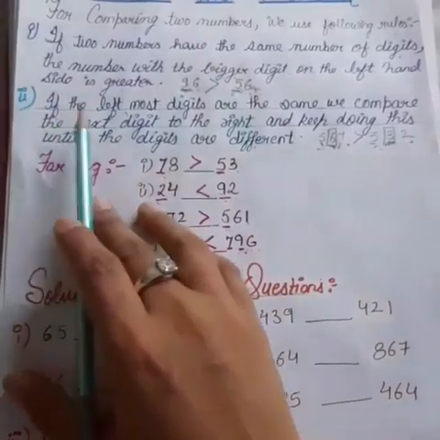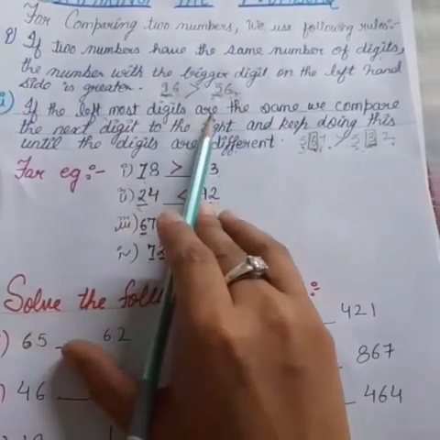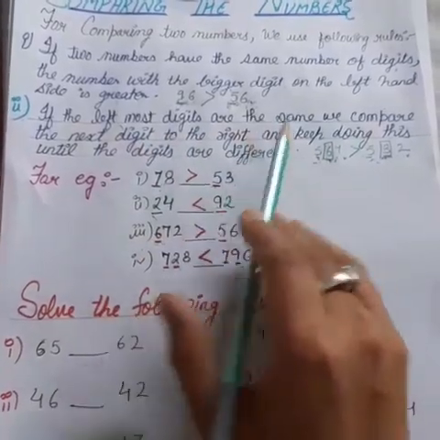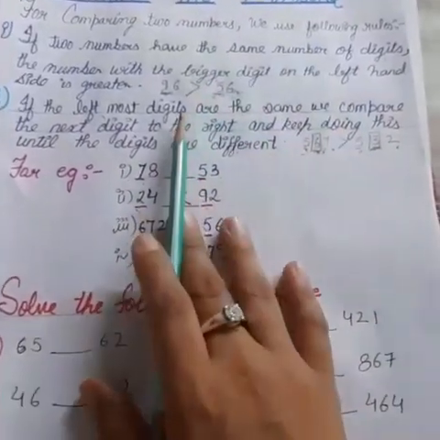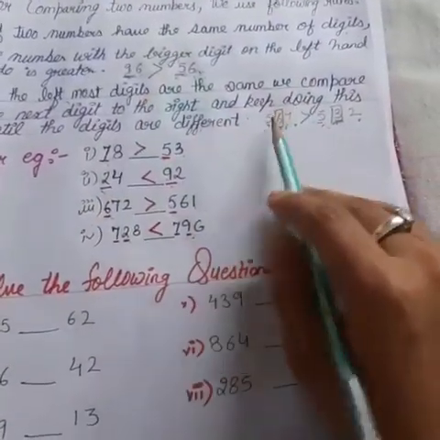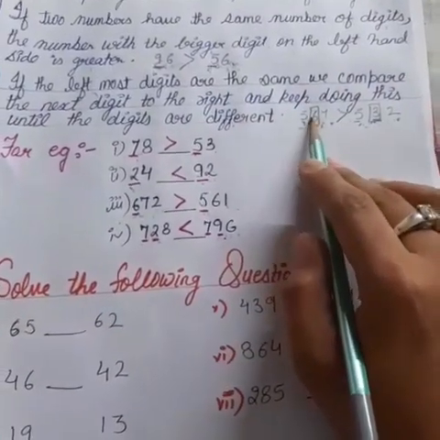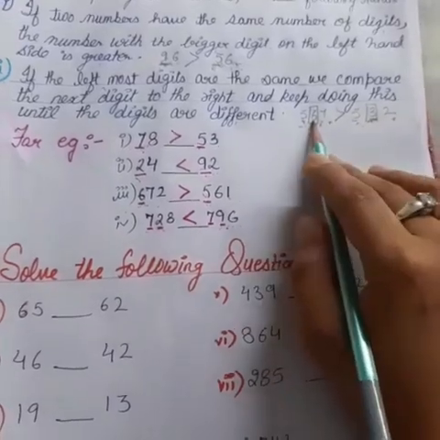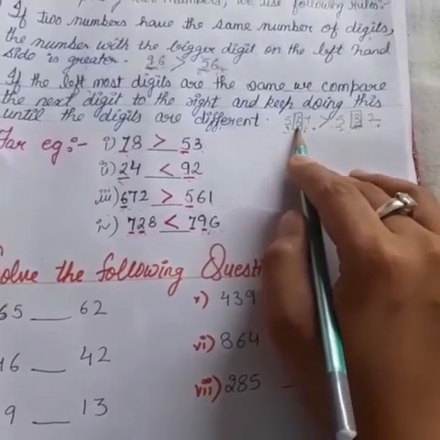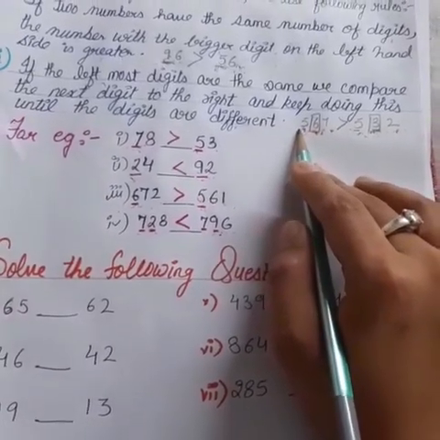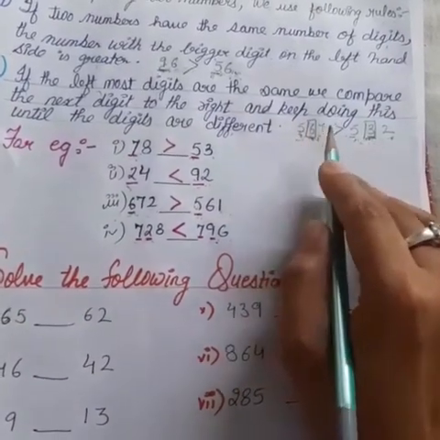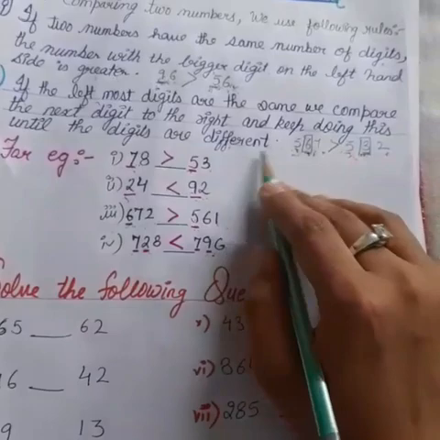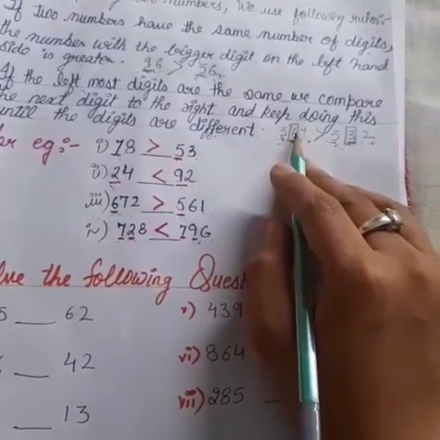The next rule: if the leftmost digits are the same, we compare the next digit to the right and keep doing this until the digits are different. One more example is 567 and 532. Here, if we start with the hundreds place, both are the same, 5 and 5, so let us move to the next place value, which is tens.